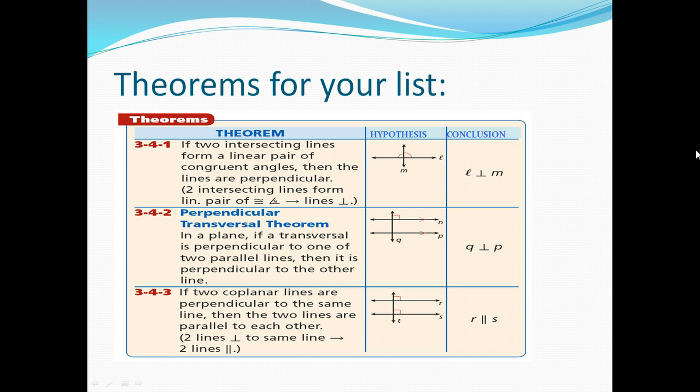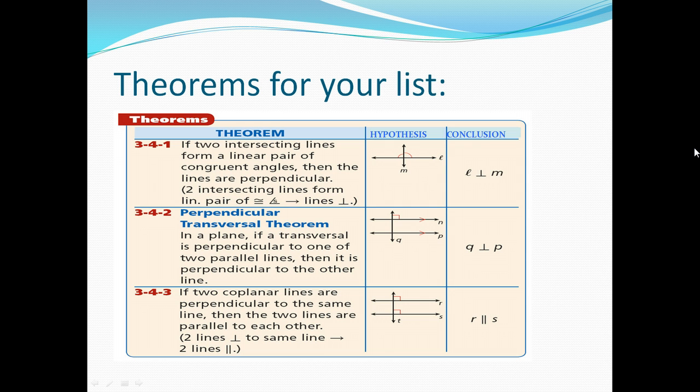If two coplanar lines are perpendicular to the same line, then the two lines are parallel to each other. This is kind of the inverse of the perpendicular transversal theorem, because you're looking at the parallel lines.